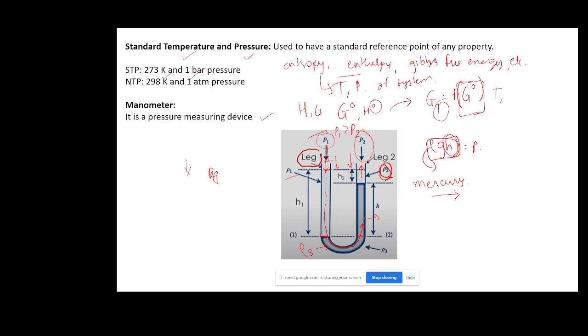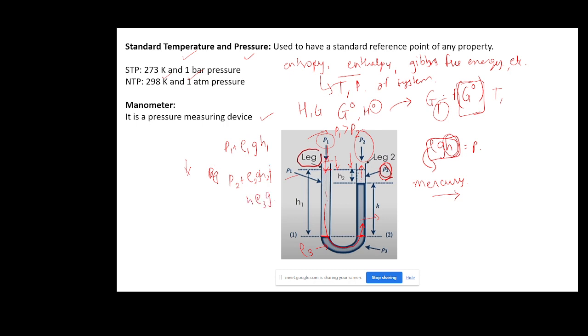The system will come into equilibrium when the pressure at a certain reference point, due to the entire upper portion on the left limb, is P1 plus rho 1 g h1, and on the right limb it is P2 plus rho 2 g h2 plus h rho 3 g.